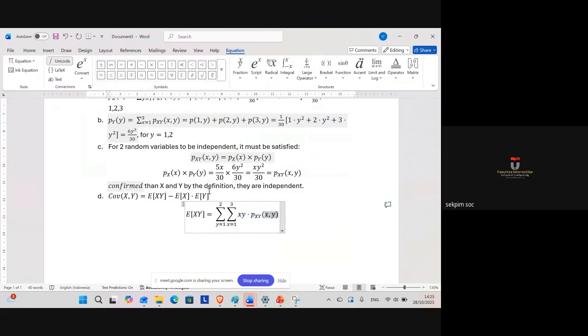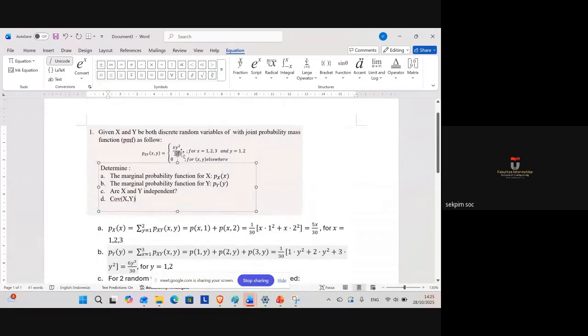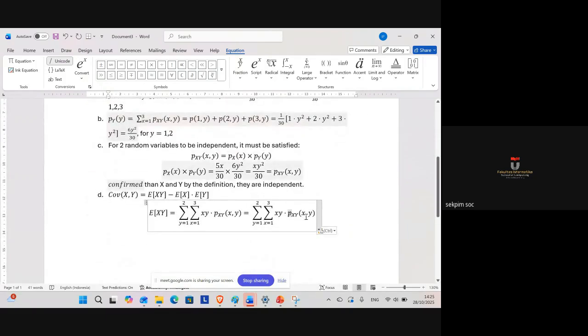And we can copy xy here, and put the function, which equals xy square over 30.